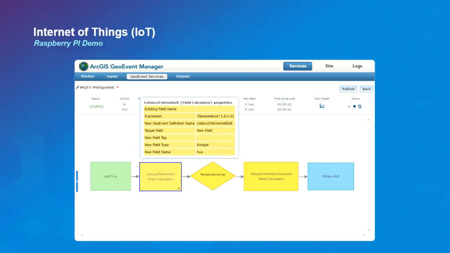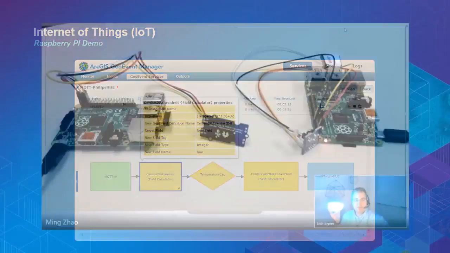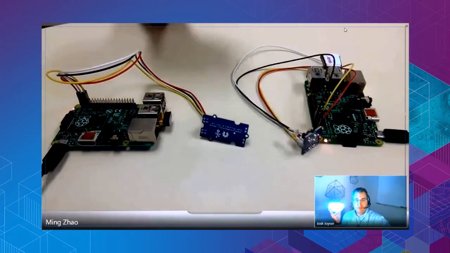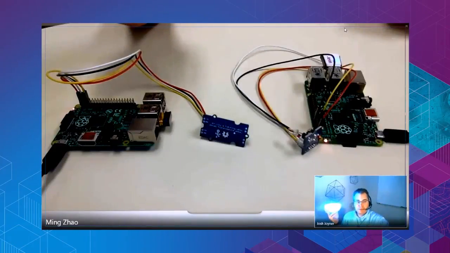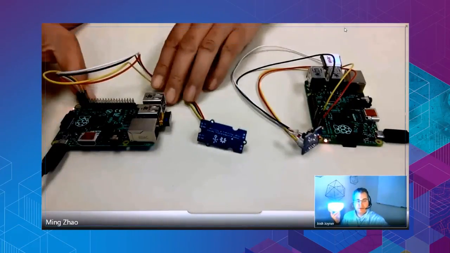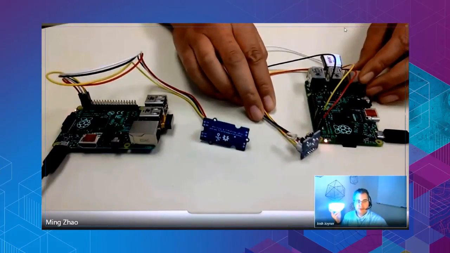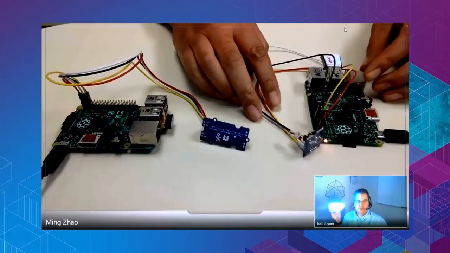Yeah. So I'm going to actually play this video so people watching this slide presentation at home can see. Okay, so here I have this Raspberry Pi with a temperature sensor, and here I have the Raspberry Pi with the LED light.